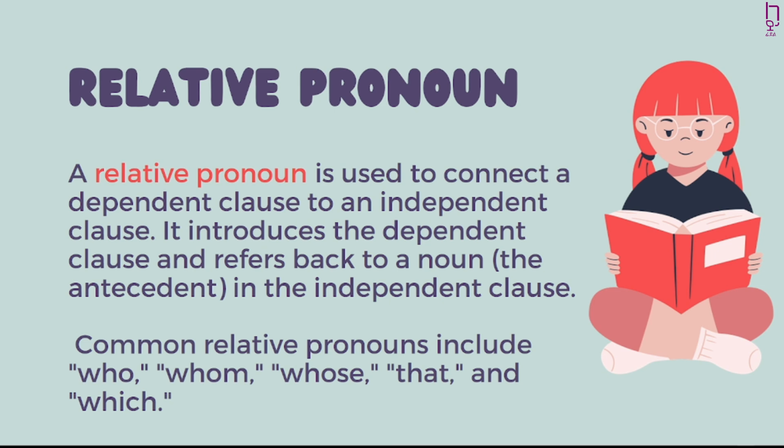It introduces the dependent clause and refers back to the noun, the antecedent, in the independent clause. So the common relative pronouns that we use are, obviously: who, whom, whose, that, and which. There could be more, but these are the pronouns that we usually use.